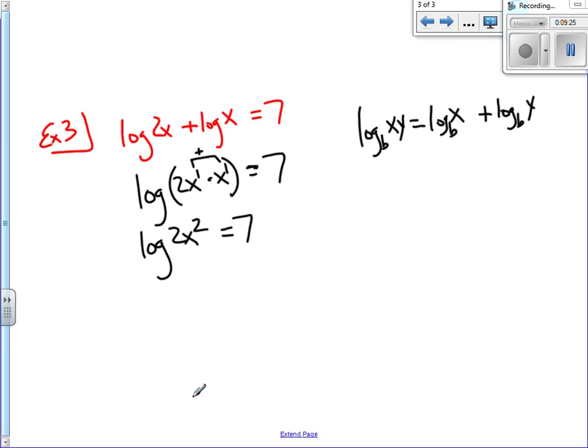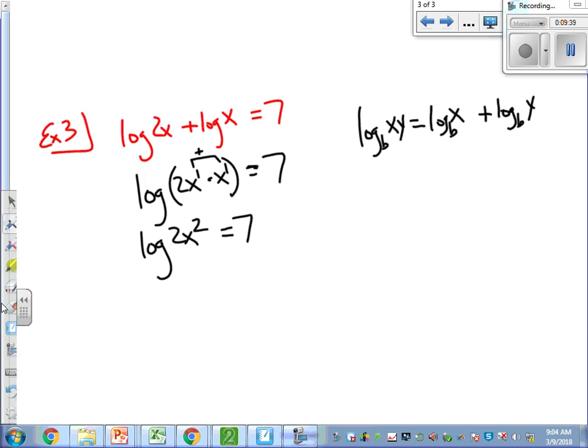Now what do we got to do? We got to get rid of our log base 10. And how do we get rid of log base 10? We use the base. This is base 10.